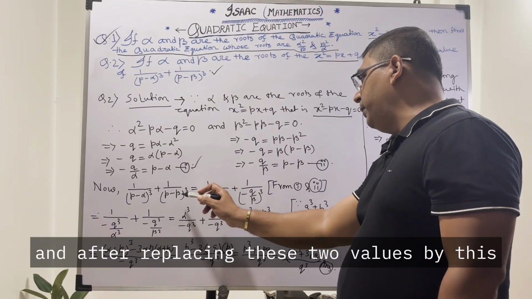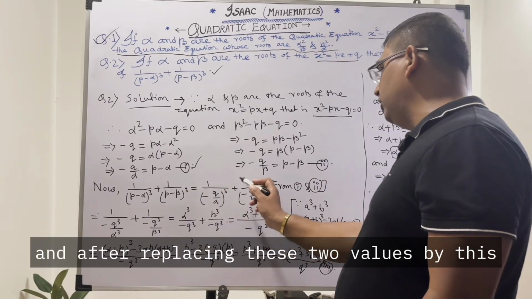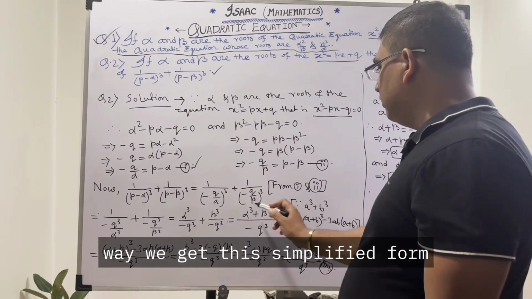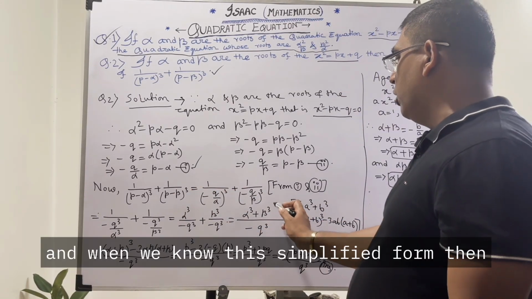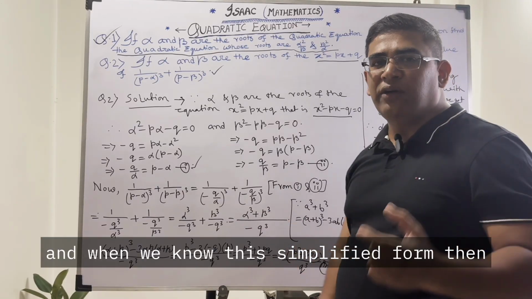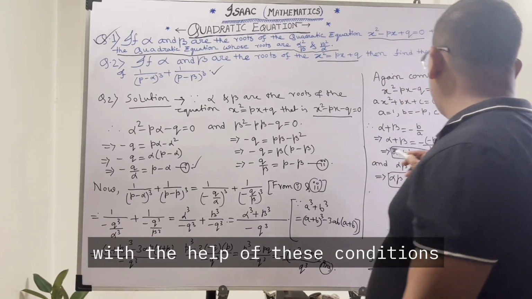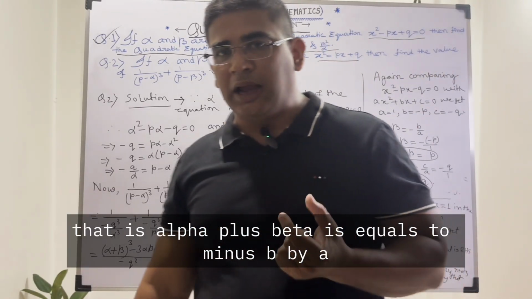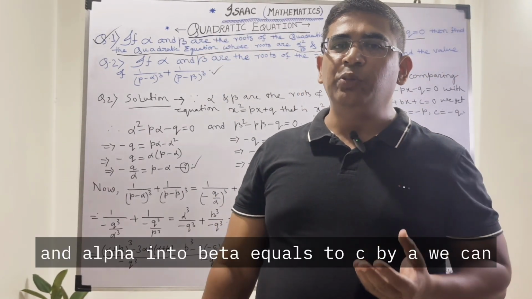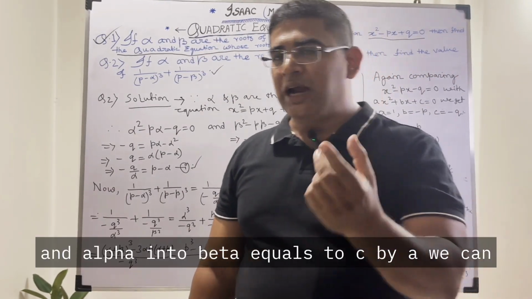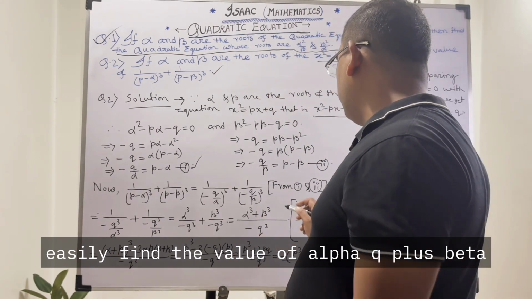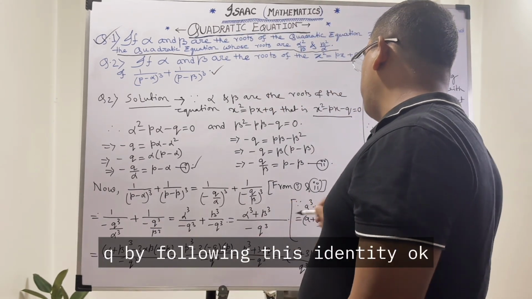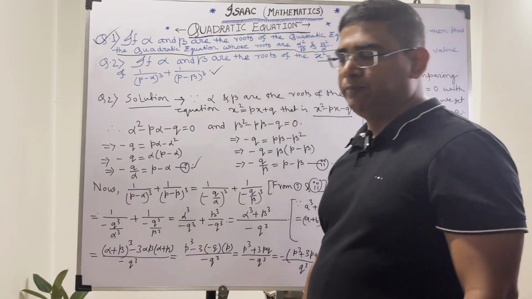And after replacing these two values this way, we get this simplified form. And when we know this simplified form, then with the help of these conditions, that is alpha plus beta equals minus b by a and alpha into beta equals c by a, we can easily find the value of alpha cube plus beta cube by following this identity. Okay.